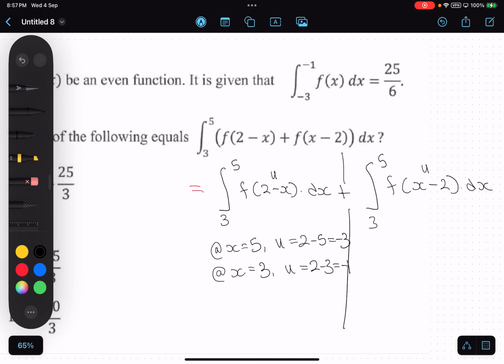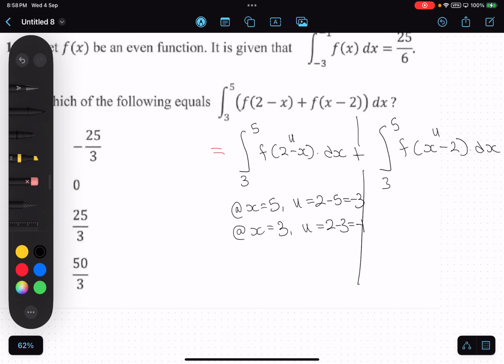So the upper and lower limits are going to be -3 and -1 for f of x dx, and in the question, it says that this is equal to 25 over 6.